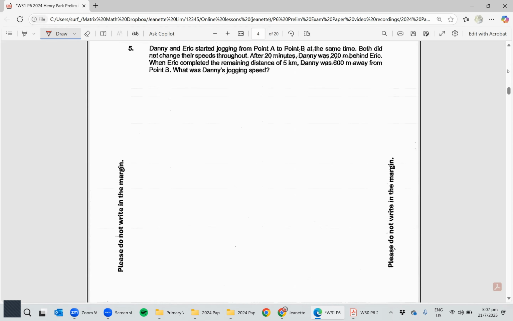So let's draw it out. You have point A, point B. After 20 minutes, Danny was 200 behind Eric. Okay, so let's say 20 minutes, Eric is here, Danny maybe here. He's 200 meters behind.